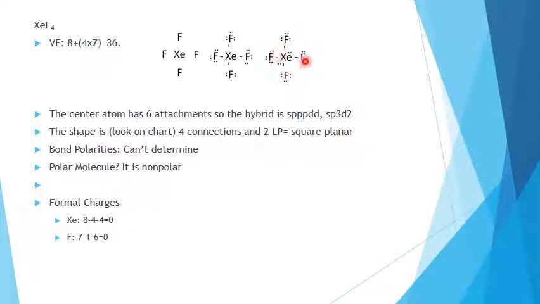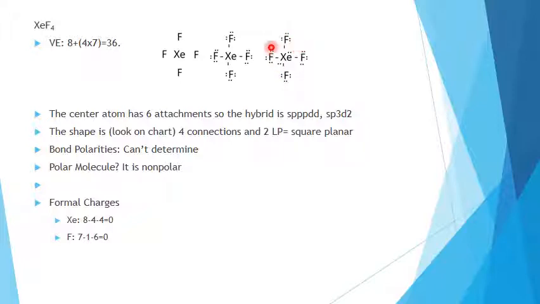If you look at the structure, you'll see that all 4 of these fluorines are sitting in the same plane. That's why they call it planar and square. And these 2 lone pairs, one sits below the plane and another one sits at the top of the plane.